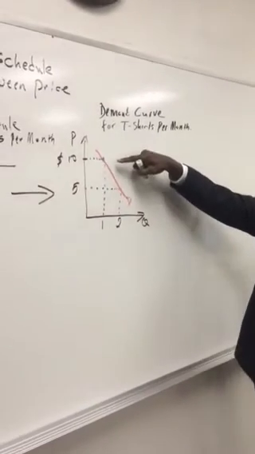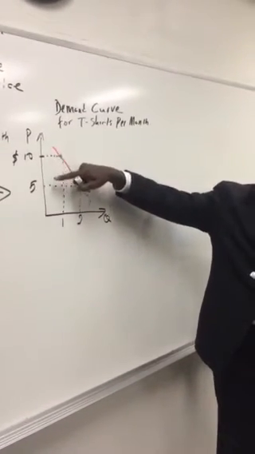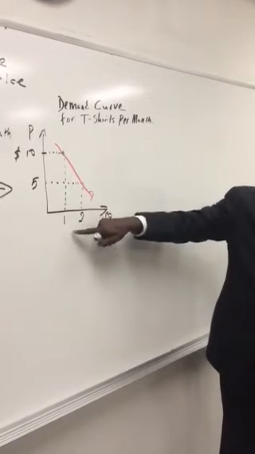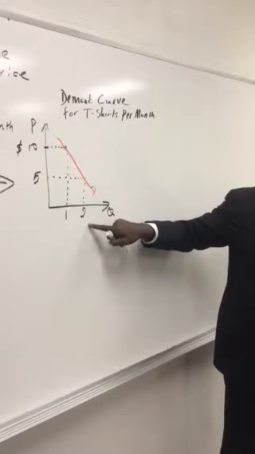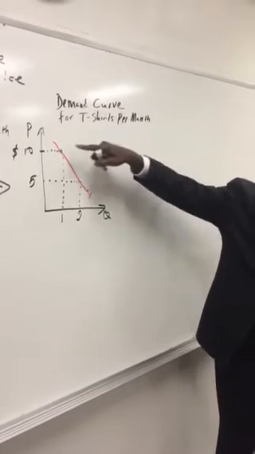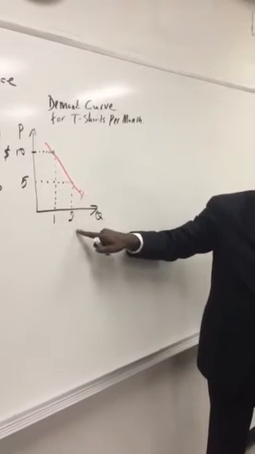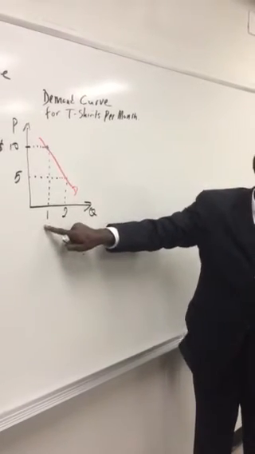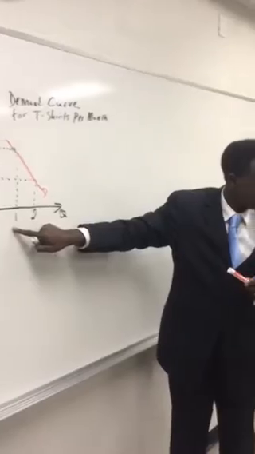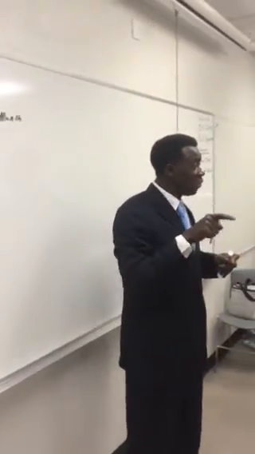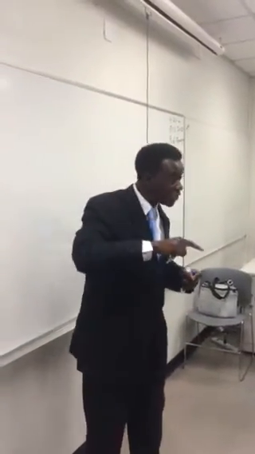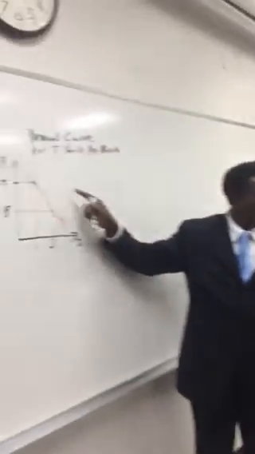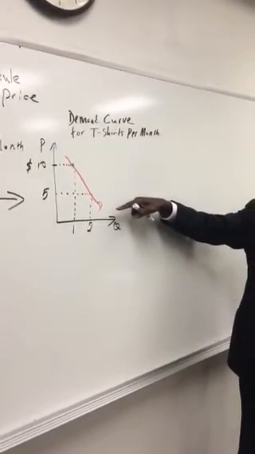As price falls, the quantity demanded increases. When the price of the t-shirt rises, the quantity demanded falls. But when the price of the product falls or rises, demand does not change, because demand is the entire schedule, the entire curve.